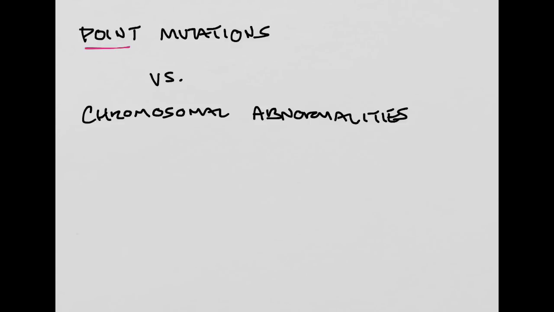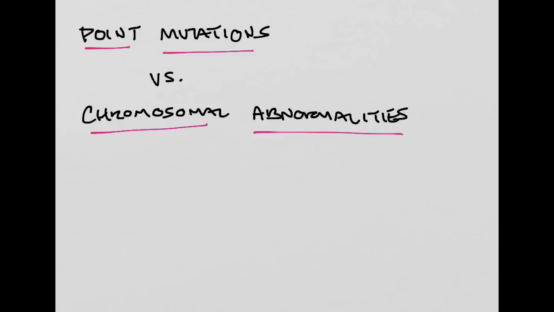So let's first talk about the difference that exists between point mutations versus chromosomal abnormalities. Too often, people use the concept of mutation to mean anything that's wrong with your DNA, including larger chromosomal abnormalities.